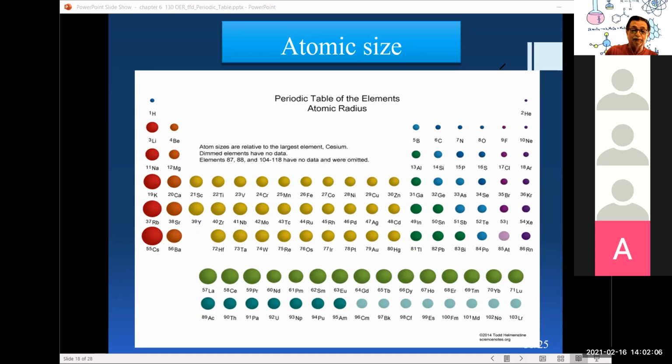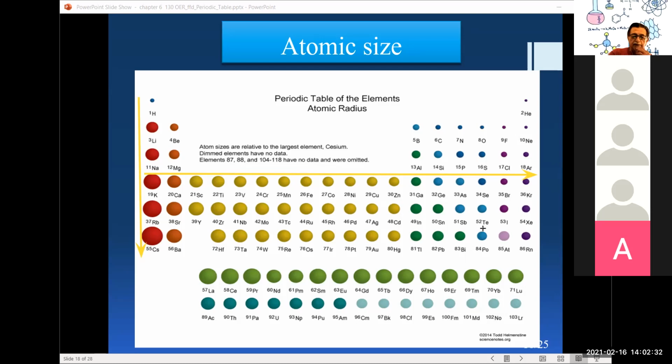There's always some room for error. But the general trend as you go down the periodic table, even the columns, they get bigger. And going across from left to right, the general trend is they get smaller. Yes, they might hop around a little bit, maybe not as drastic in size and diameter, but the general trend from left to right gets smaller.